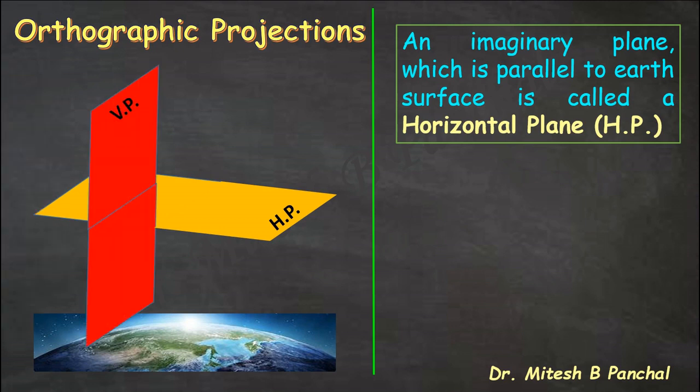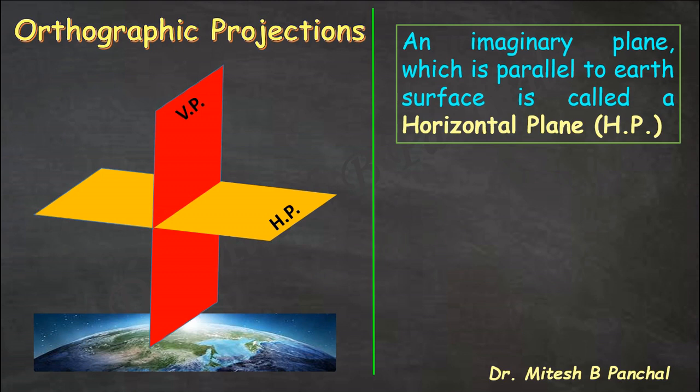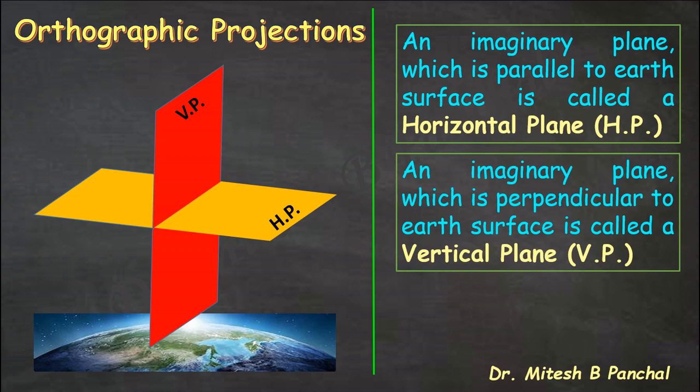The second basic principal plane is the vertical plane, an imaginary plane which is perpendicular to the earth's surface, and that is denoted by capital V and capital P. Now we know that the intersection of two planes will give you a straight line.